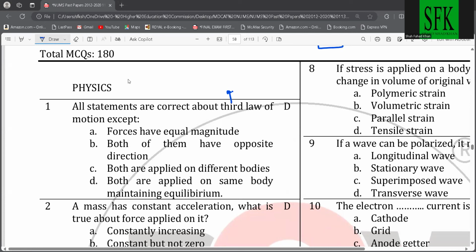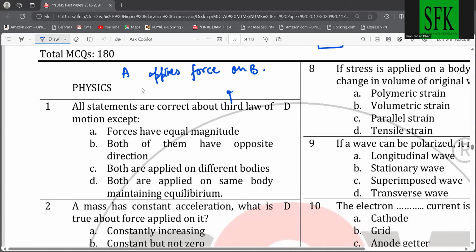But how do you identify the Newton third law pair forces? So to identify the pair forces, you just need to replace the two words "on" and "by." Okay, for example, I say that A applies force on B, right?